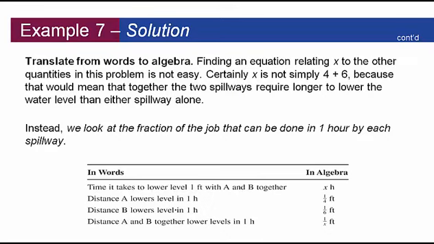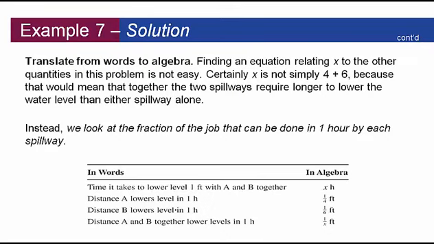Okay, so let's translate everything from words to algebra. Time it takes to lower the level 1 foot with A and B together. That's going to be X hours, right? Okay, the distance that A lowers the level in 1 hour. Well, if it takes it 4 hours to lower it by 1 foot, then every hour it goes 1/4 of a foot.